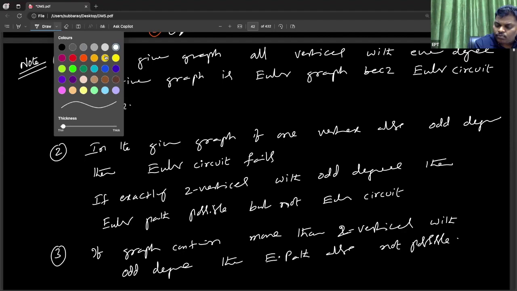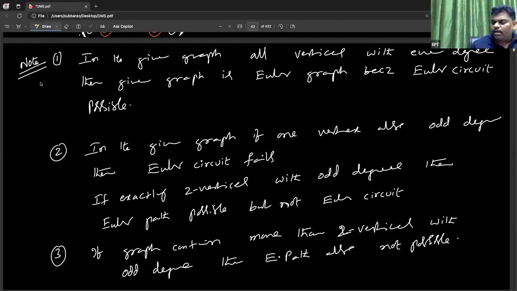See, the problems I have given till now in this story all came in the examination. In the given graph, if all vertices have even degree, it is an Euler graph, because there is an Euler circuit.